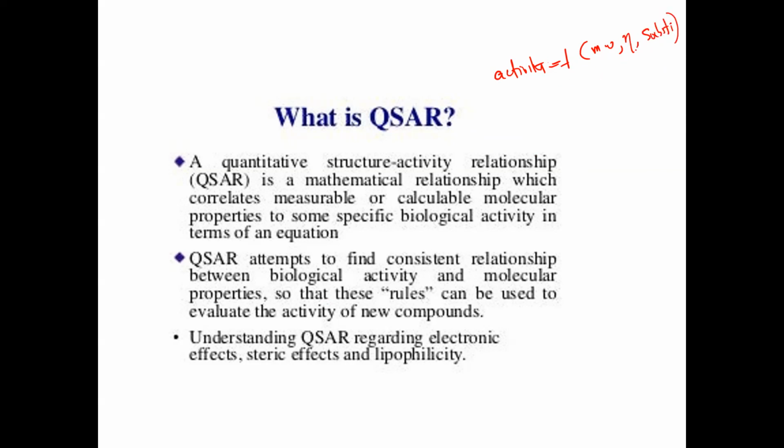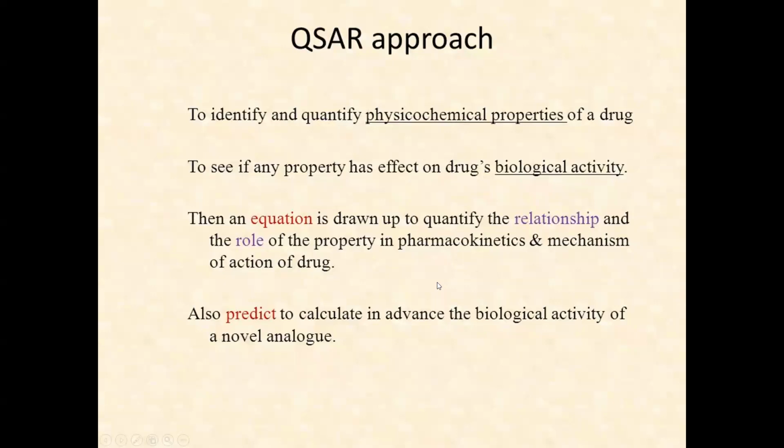QSAR attempts to find a consistent relationship between the biological activity of the drug and the molecular properties, so that these relationships can be used to evaluate the biological activity of new compounds. This is a very good tool to understand the electronic effects, steric effects, and lipophilicity of molecules. In the QSAR approach, we try to identify and quantify the physicochemical properties of the drug.